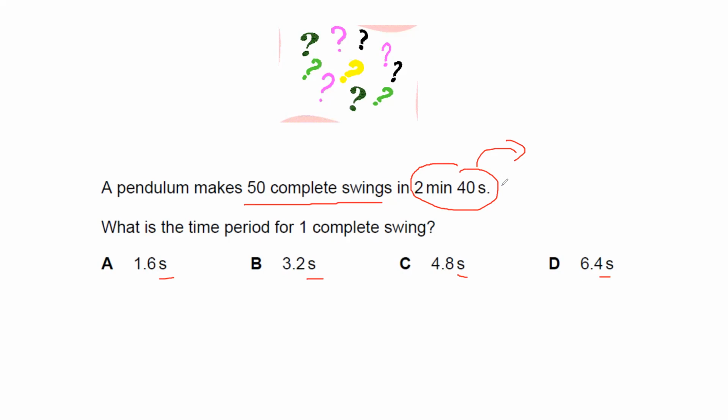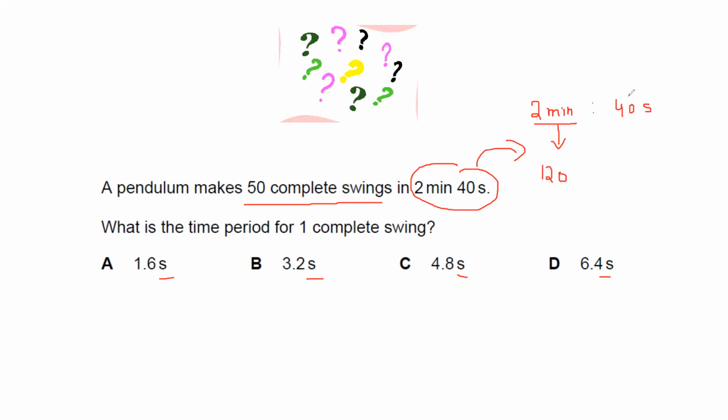In 2 minutes we have 120, you don't have to multiply anything. It is 2 minutes and 40 seconds. How many seconds are there? 1 minute has 60 seconds. So 2 minutes will be 120.